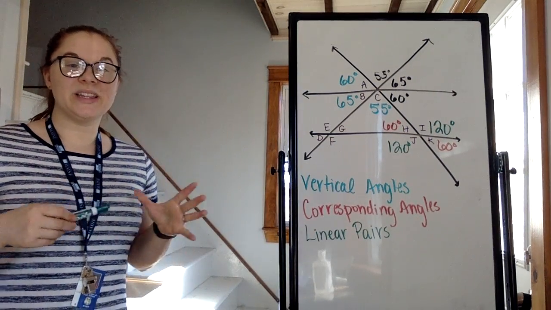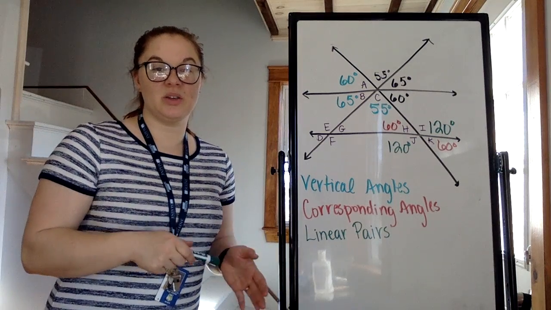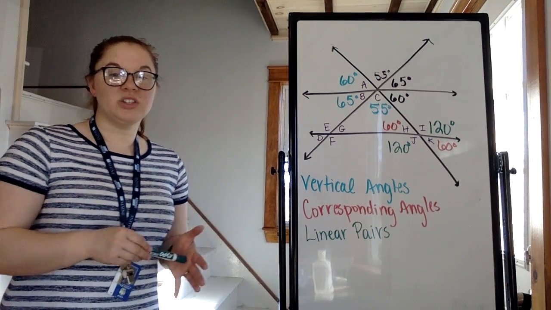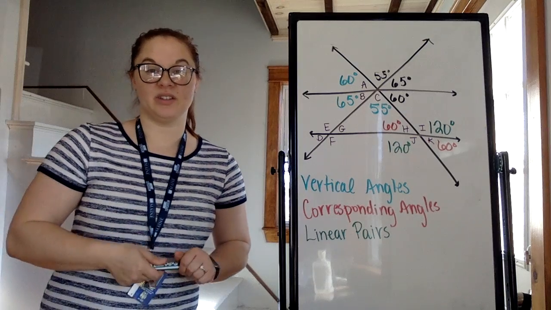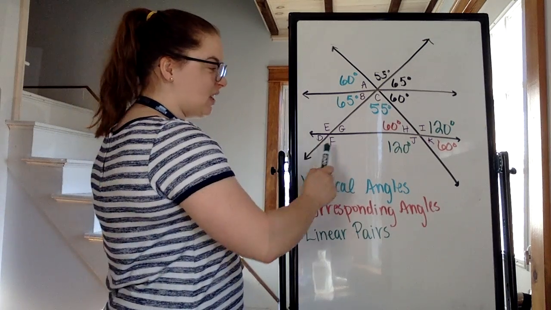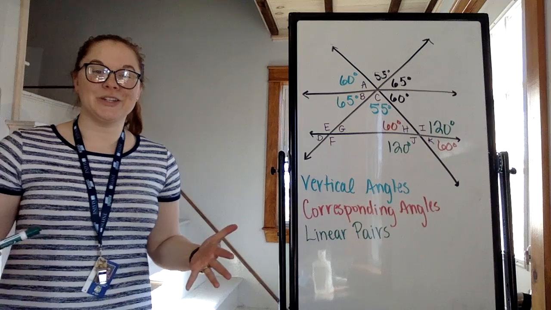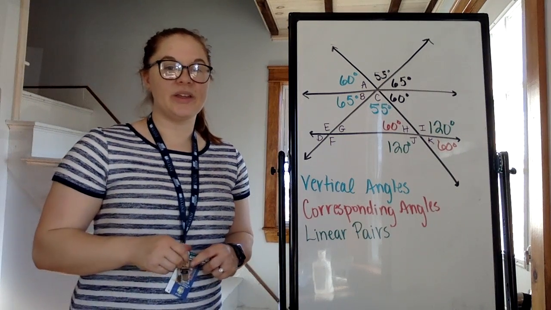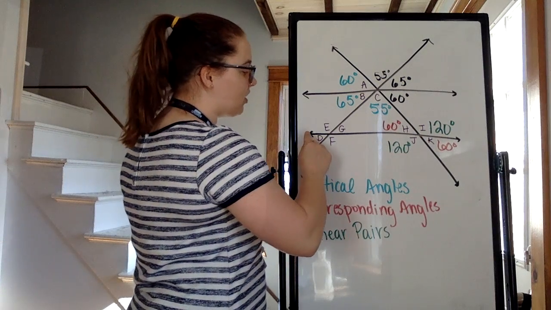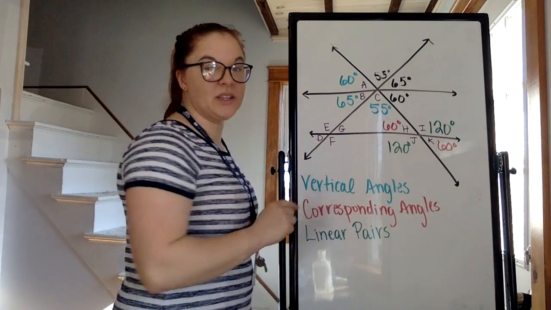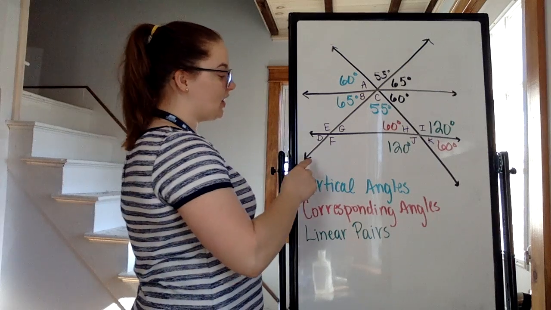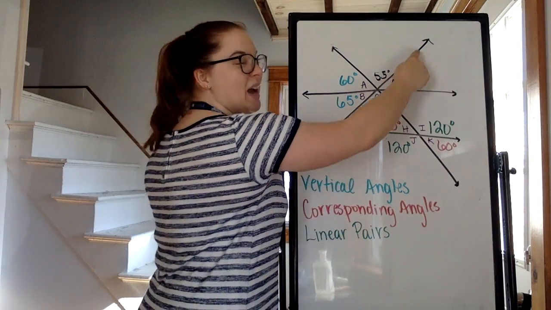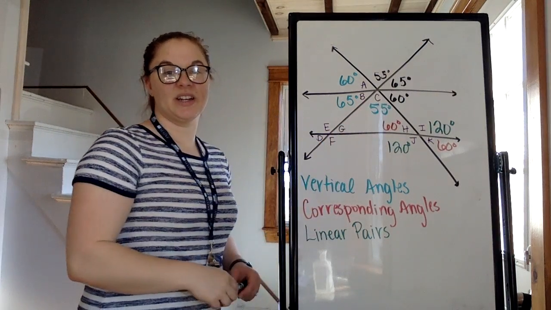So one of the last things we can do, we can start using alternate interior angles. There are a couple other ways you could figure these four out, but we'll use alternate interior angles just to make sure we know how to use them. So I know that we're going to focus on these parallel lines being transected by this line right here.